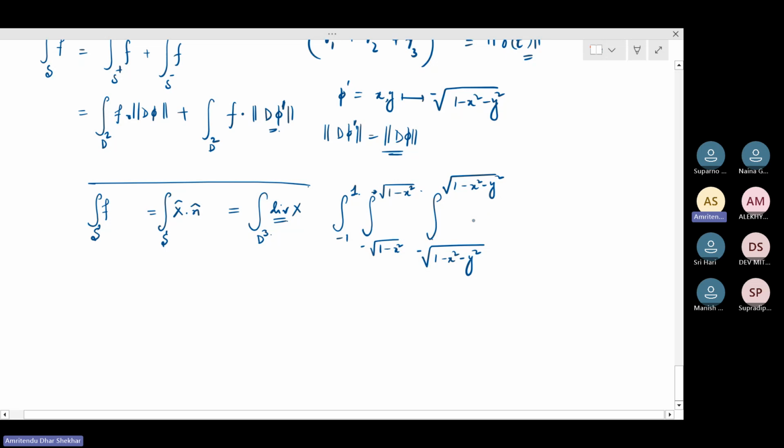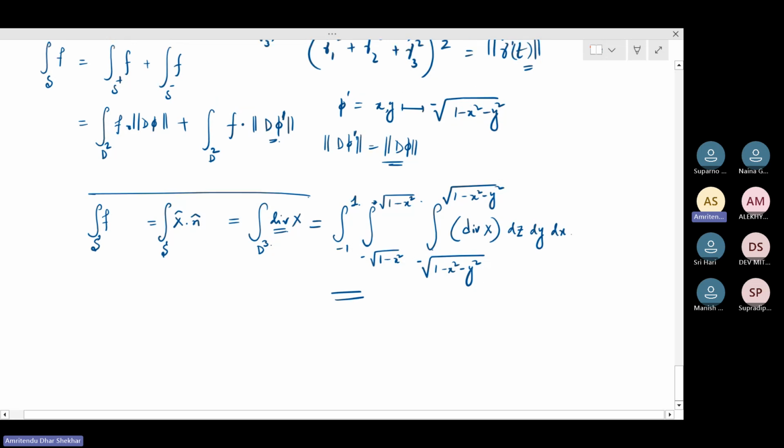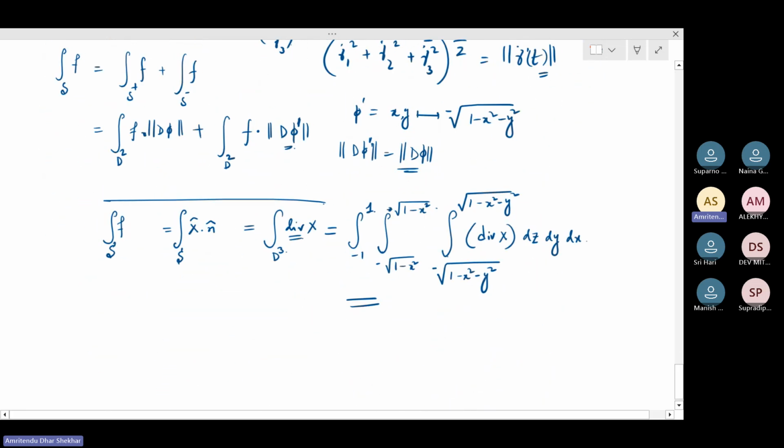And you'd have this function, which is the divergence of X, times dz dy dx, okay? So this is how it would turn out, and you know how to finish this integral off, okay? So this is where Stokes theorem helps us. It becomes a computational tool, okay?